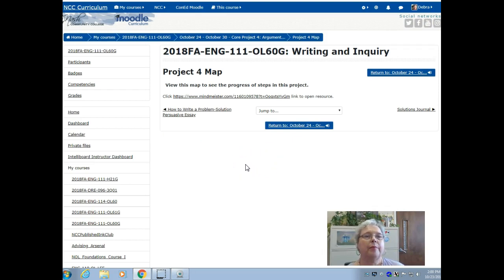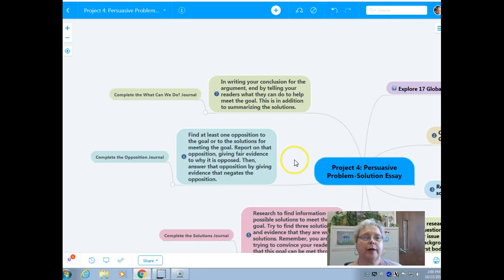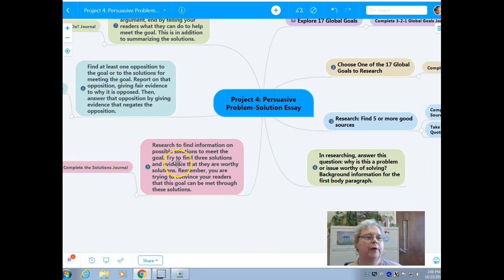You can look at this project map to keep up with where we are. Here we are right now in the pink, looking for solutions to the problem. But make sure you also have all this done that came before this step.